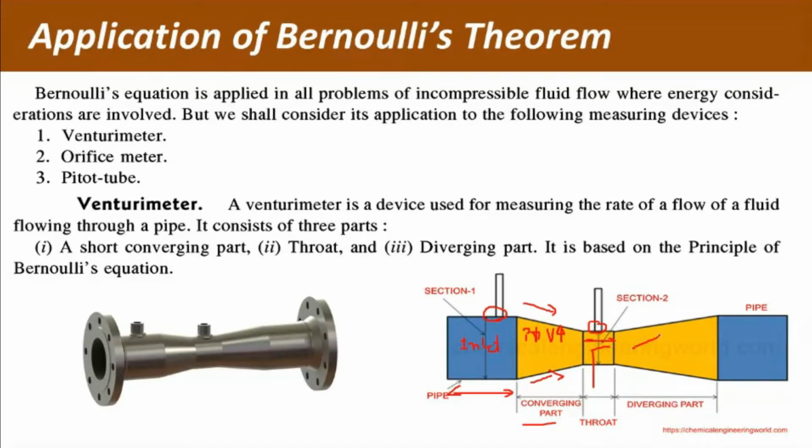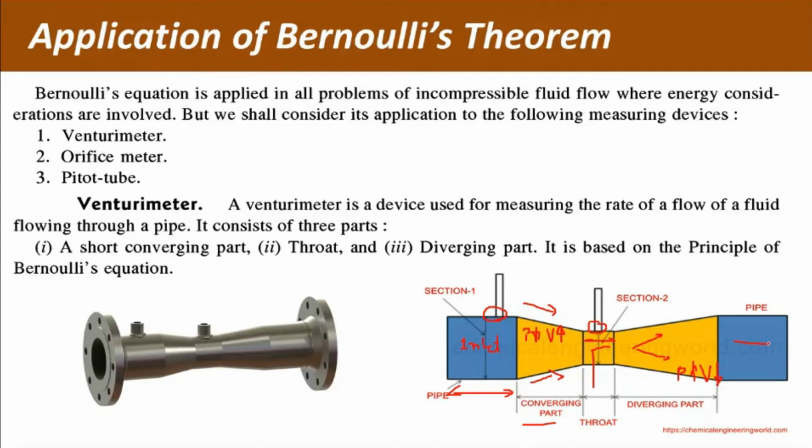After that next part is the diverging part. In the diverging section, the cross section area continuously increases. Here the pressure again increases and velocity decreases. As area increases, pressure increases, velocity decreases.